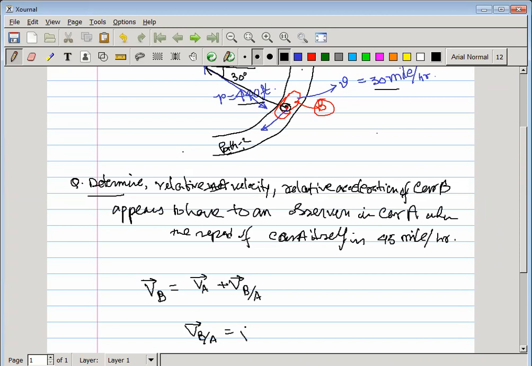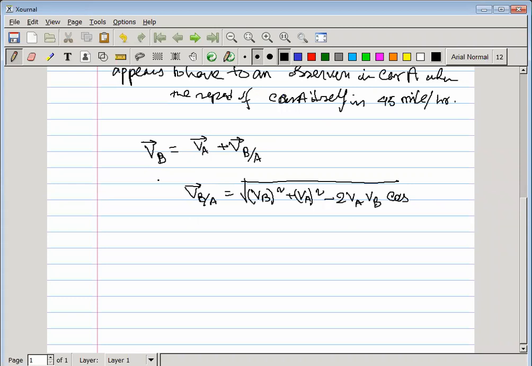It is nothing but the root of VB squared plus VA squared minus 2 VA VB cos of some angle, which I will show for your easy understanding.